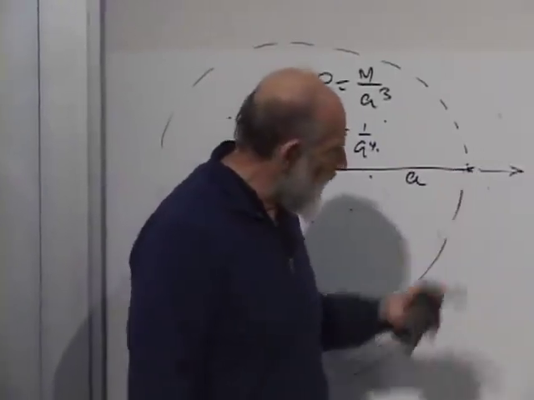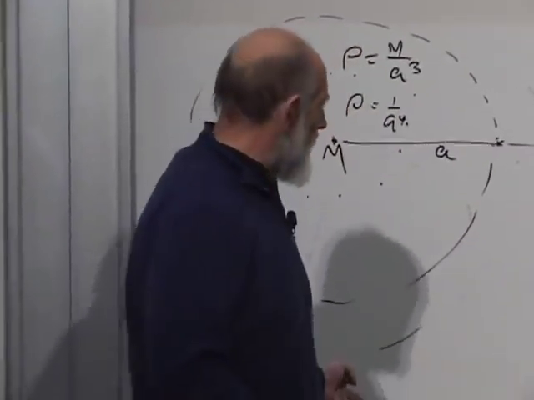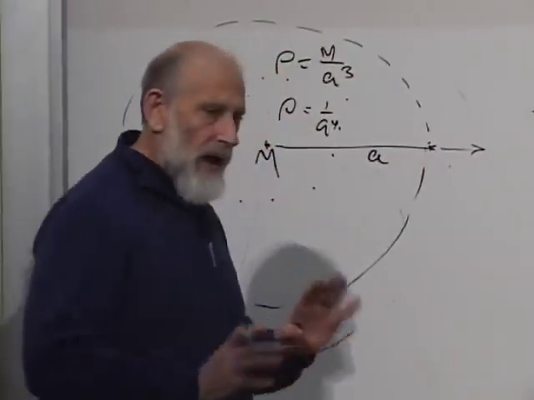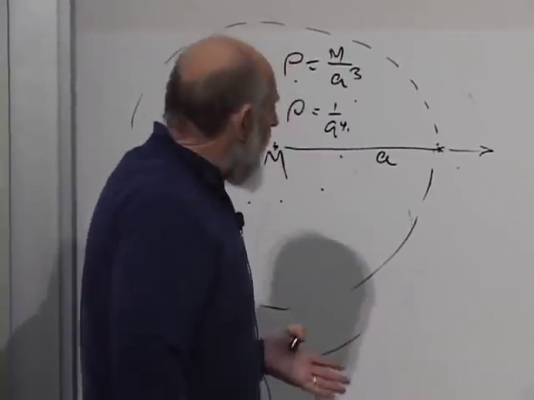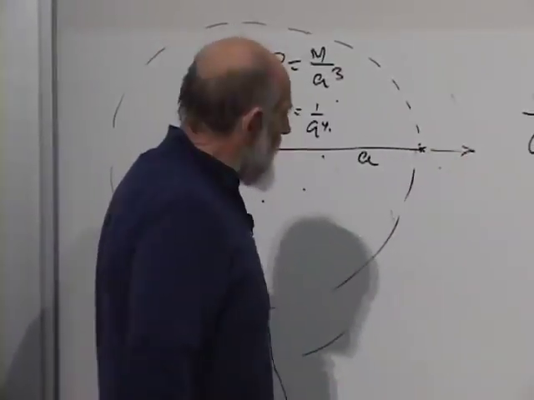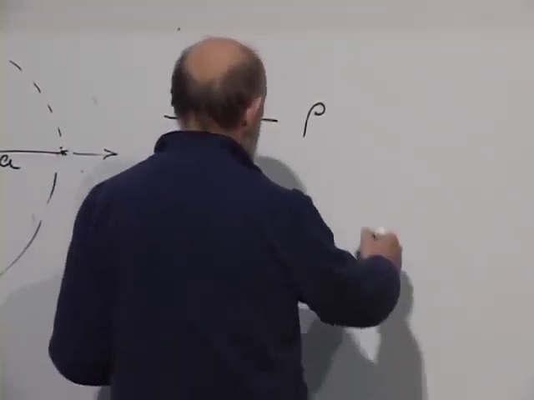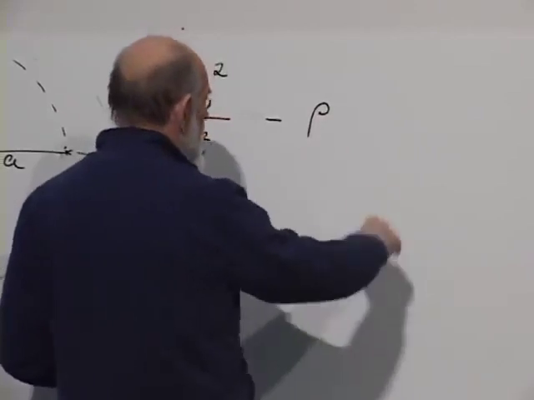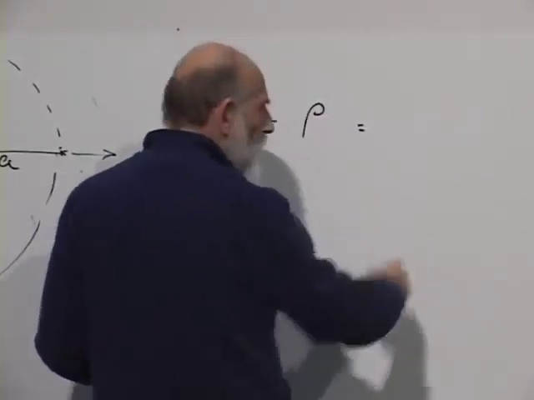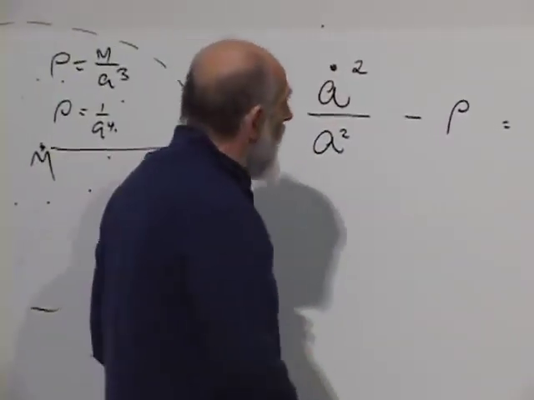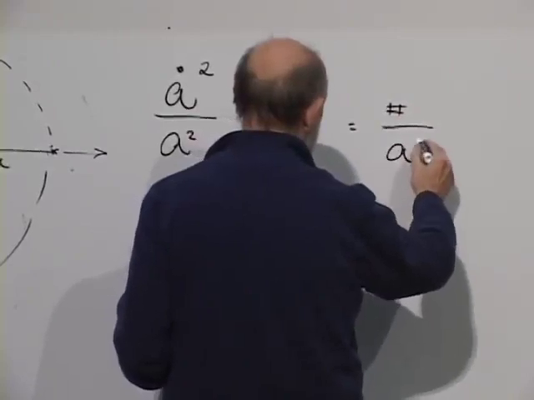The energy could be greater than 0, less than 0, or equal to 0. The case that we studied was the case where you're right at the escape velocity. If you're not right at the escape velocity, there's another term here, which is just the total energy, a constant, and the way that it came into the equations was on the right-hand side, some number, which I may have just called k, divided by a squared.